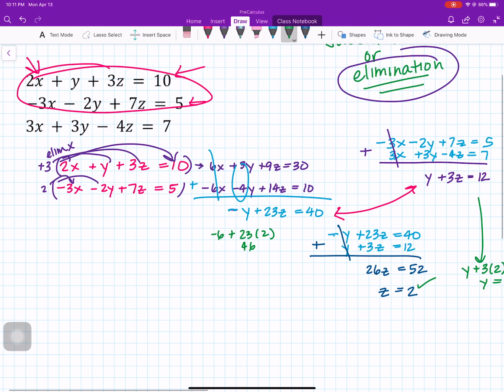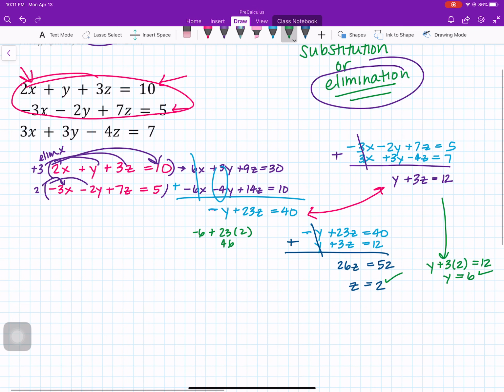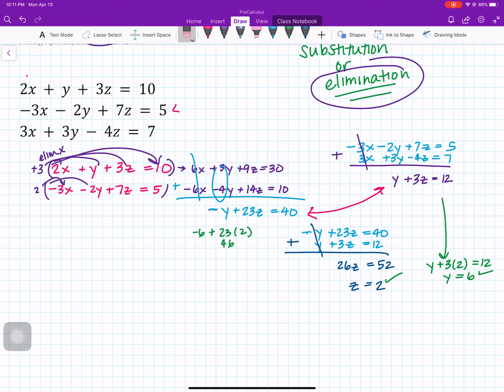Okay, so now we got to work our way all the way back to the beginning. We know that z is 2 and y is 6. You can pick any one of your original equations. Again, I always go back to the originals. If I've manipulated equations a whole lot, I always like to go back to the beginning. Let's just plug it into the top one. So I've got 2x, which is what I'm trying to find, and then I have plus y, which is 6, and then I have 3z.